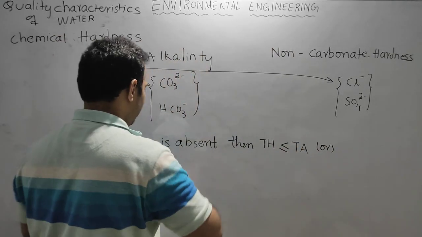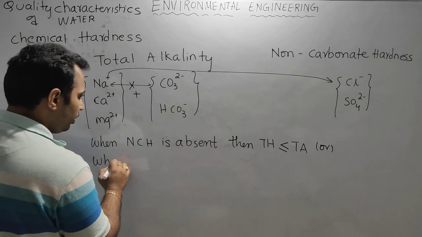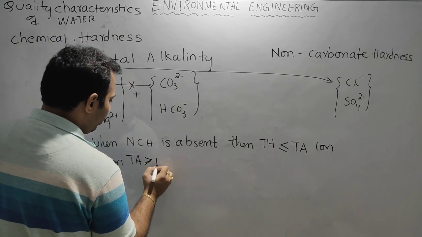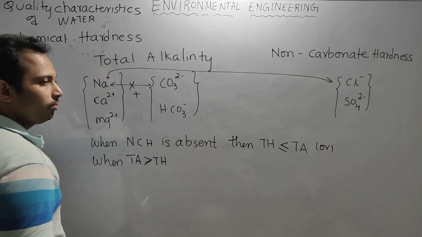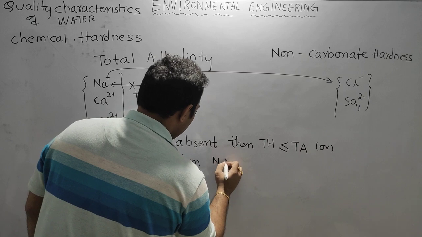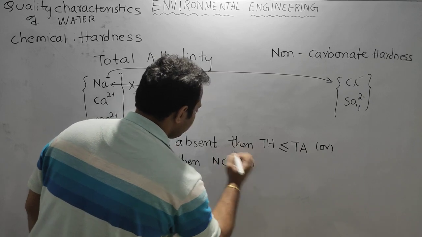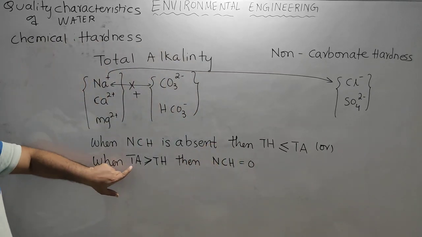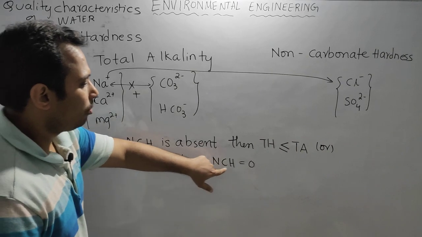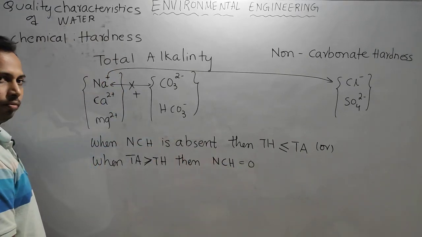We can write the same thing the other way around. When total alkalinity is greater than or equal to total hardness, then non-carbonate hardness is equal to 0.